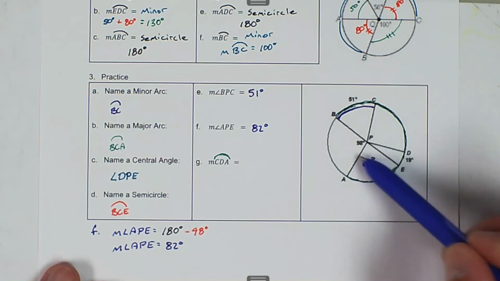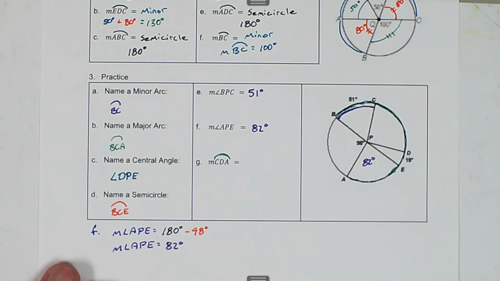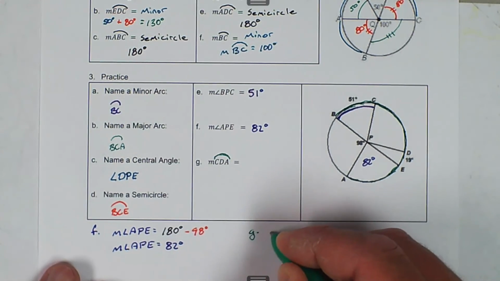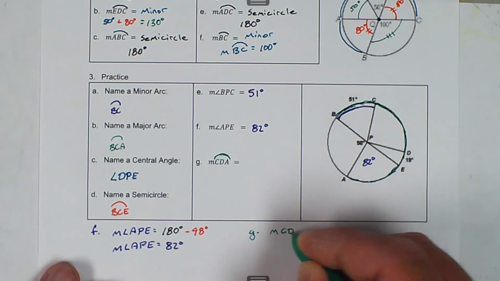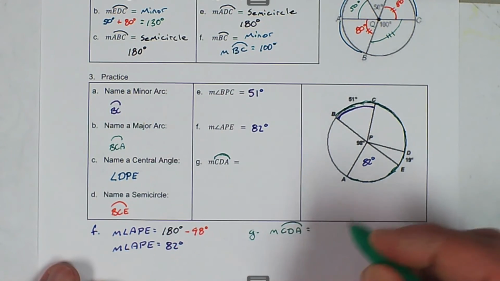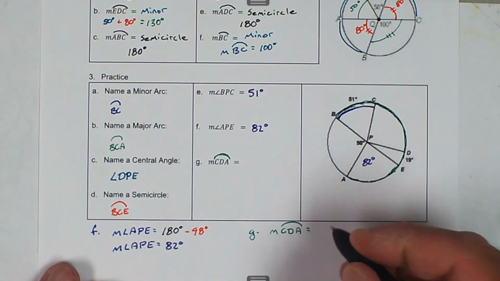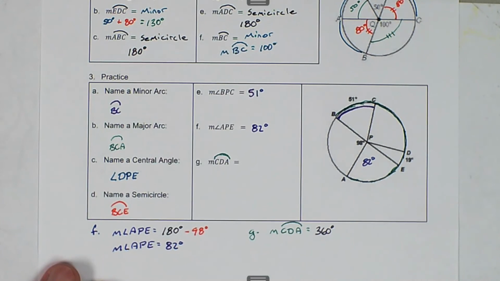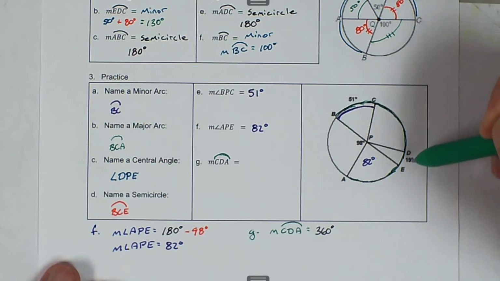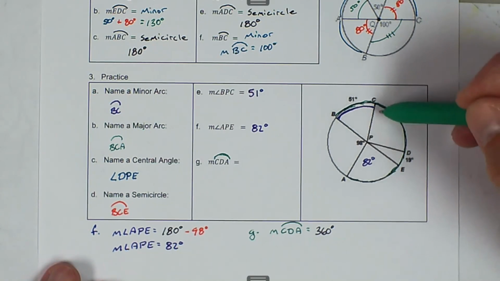So the whole circle is 360 degrees. So we're going to calculate G. The measure of arc CDA is equal to 360 degrees because that's the full circle. And we're trying to find from C to A through D. So there's only 2 parts that aren't included in there.